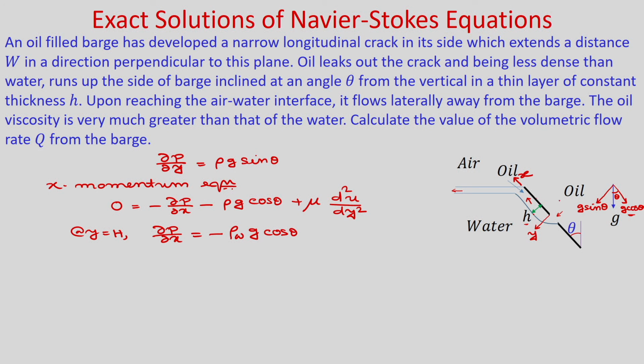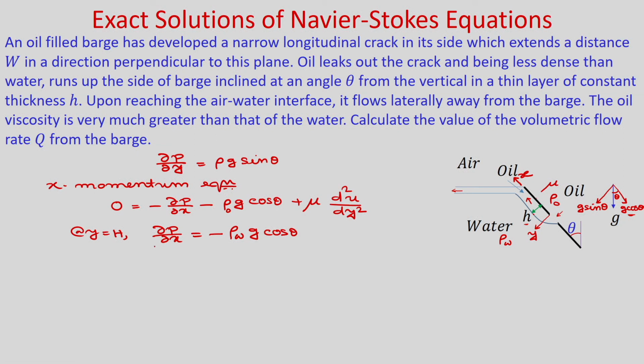So, we can denote rho o as oil density and rho w as water density, and mu is the oil viscosity.